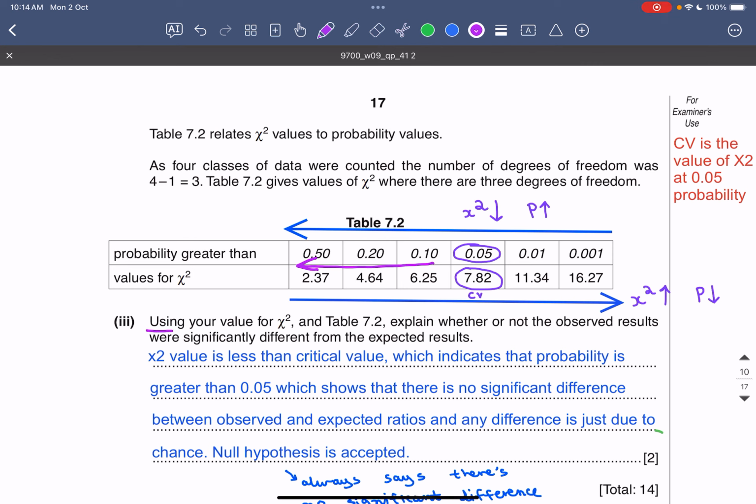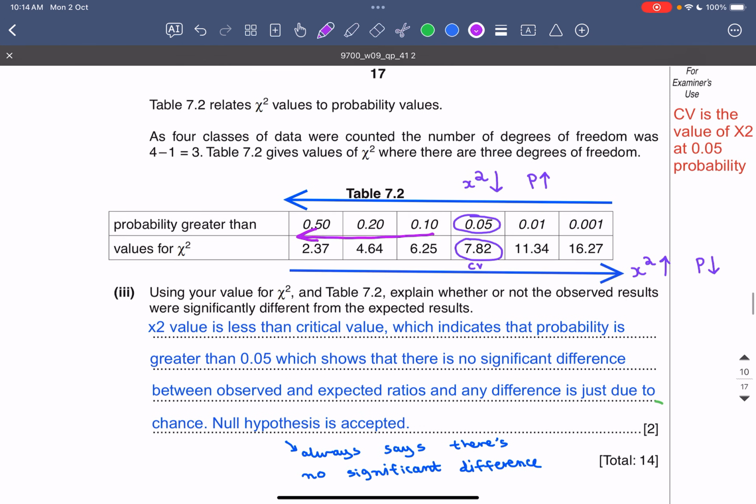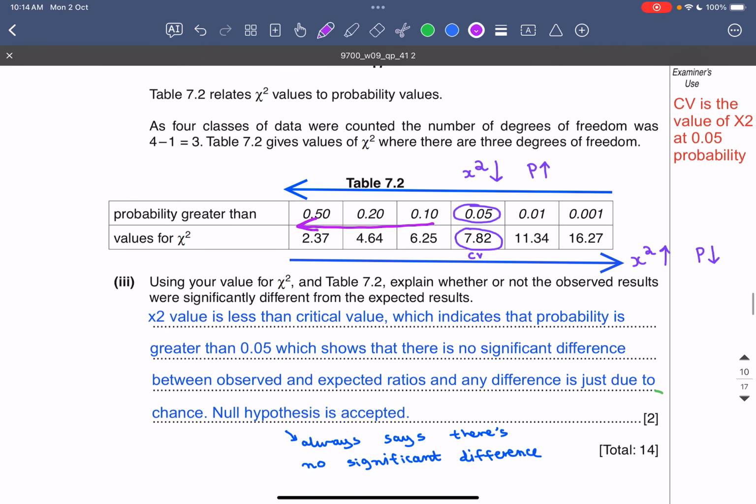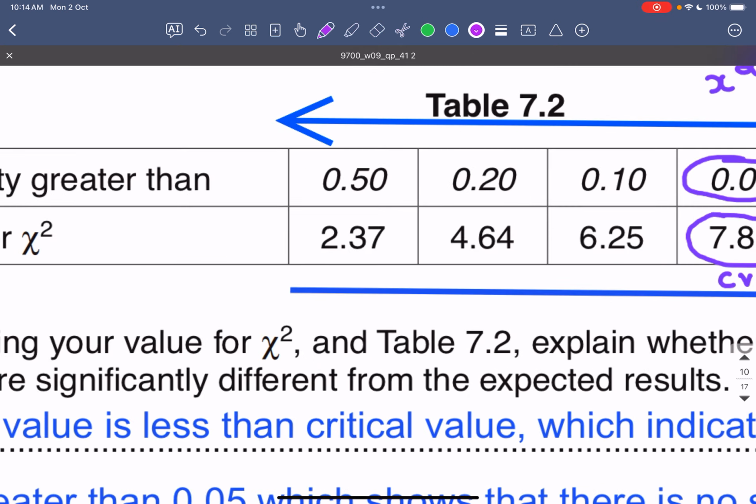Using your value for chi-squared in table 7.2, explain whether or not the observed results were significantly different from the expected results. To answer this, you can use some tips and tricks which I have. First of all, our chi-square value, what was it? We just found out it was 2.78.